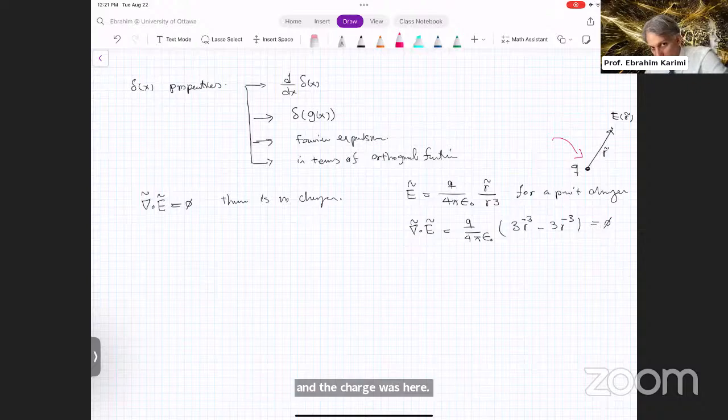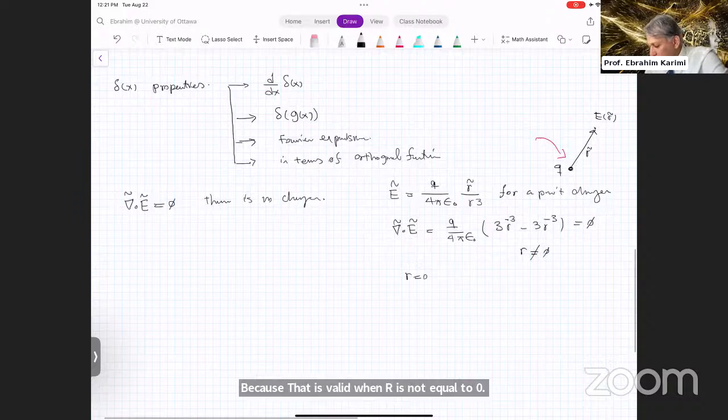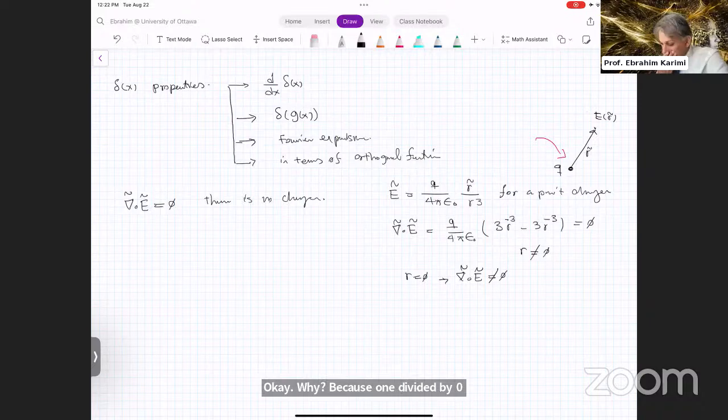I said I have to be careful, because that is valid when R is not equal to 0. When R is equal to 0, the divergence of E is not equal to 0. Why? Because 1 divided by 0 is undefined, and minus 1 divided by 0 is undefined again.